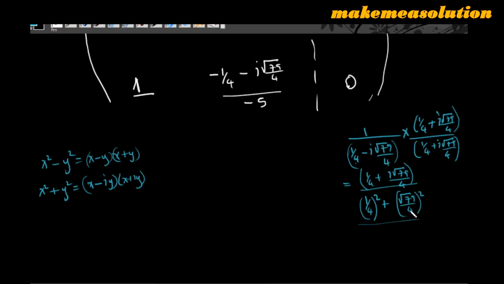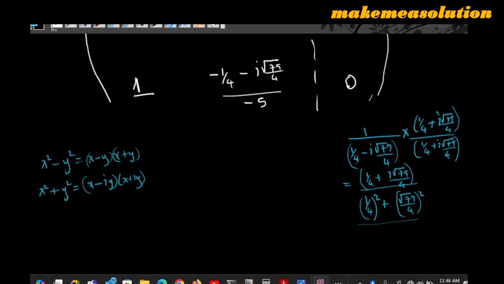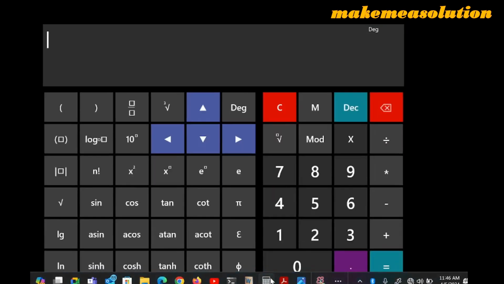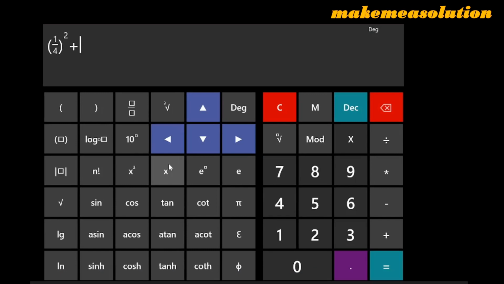So let's see what we get when we add 1 over 4 squared plus root 79 over 4 squared. 1 over 4 squared, then plus root 79 over 4 squared, like this.